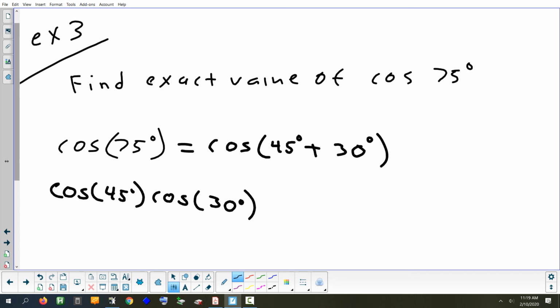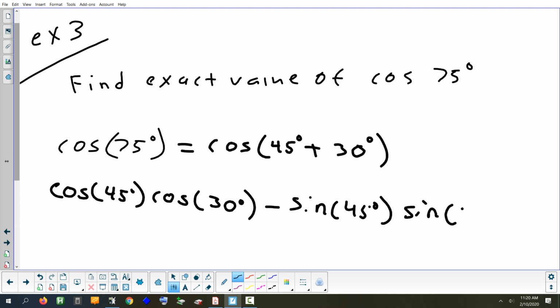This is a sum, 45 plus 30. So what should I put here? Minus. So with the cosine ones, it's always the opposite. When we do the sine ones, you're going to see it's always the same. So now minus, and then what would you put after it? Sine 45, sine 30. Yep.